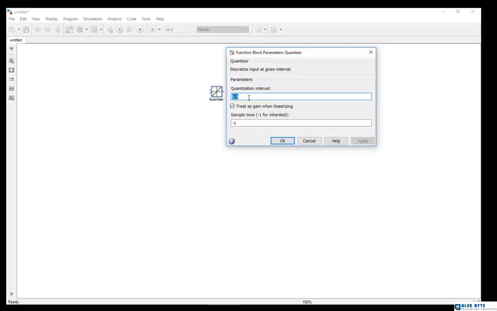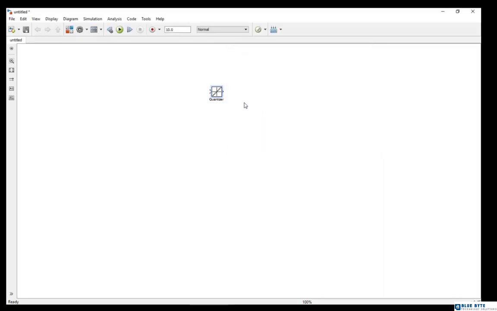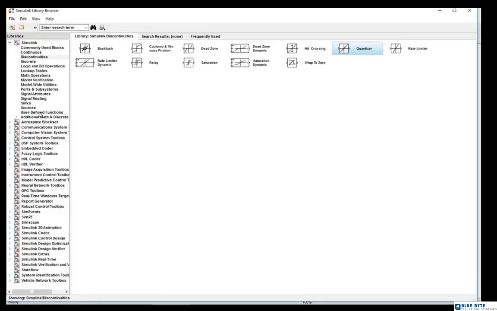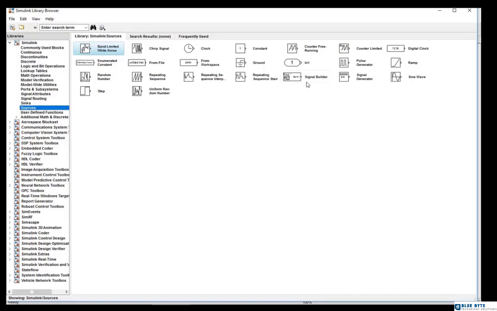Here I want to have a simulation using this block. I add a signal generator and scope block.